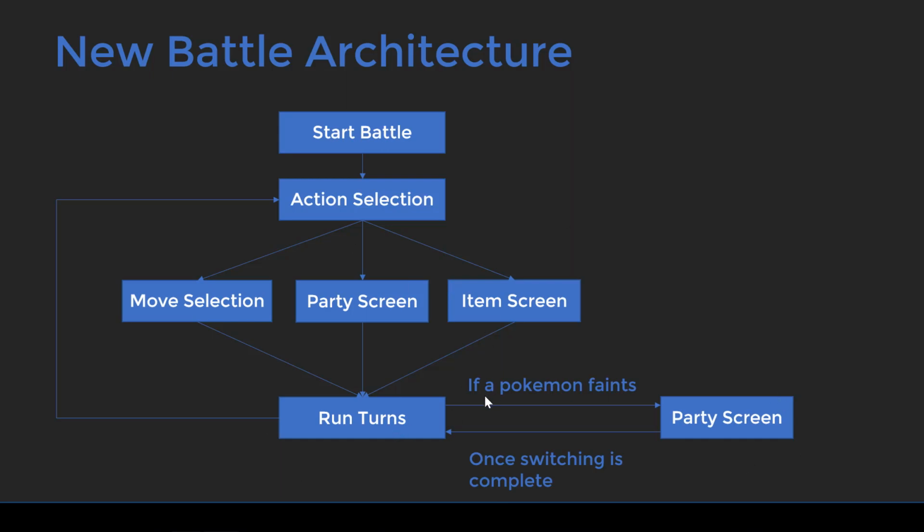So here, if a Pokemon faints, then we'll go to the party screen and we'll switch the Pokemon. And once we're done with the switching, we'll come back to the run turns function and execute the rest. But if the player decides to switch the Pokemon during the action selection state, then we'll directly call the run turns function, right? So let's actually implement this.